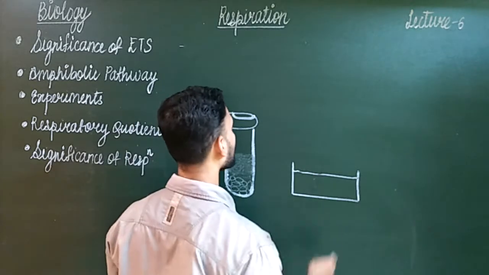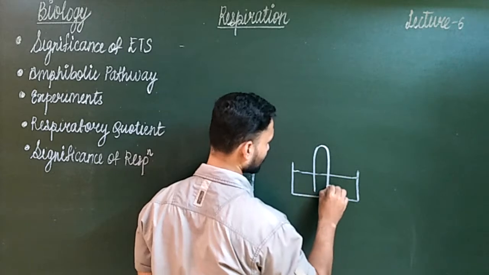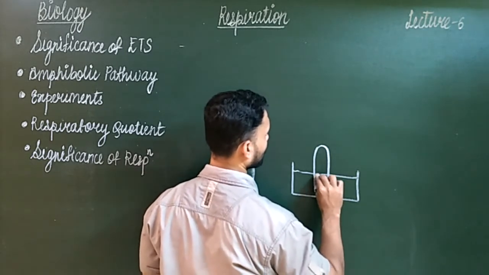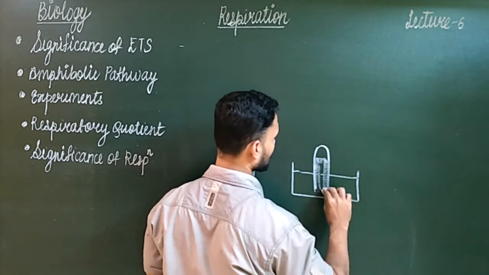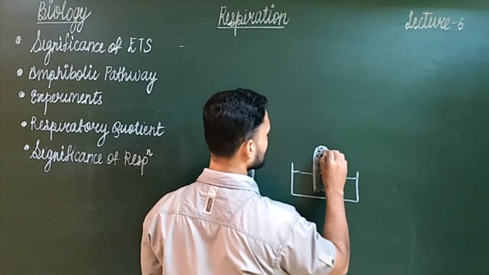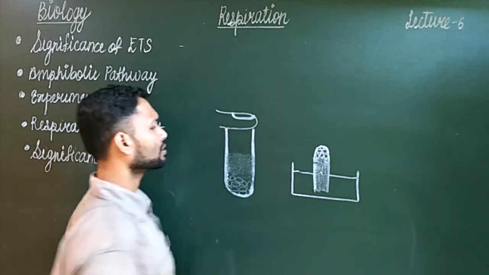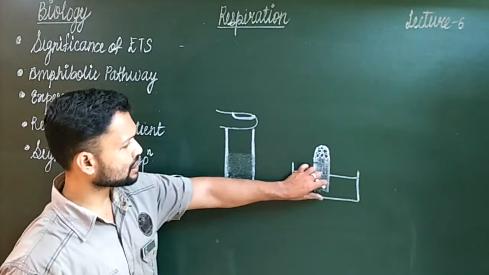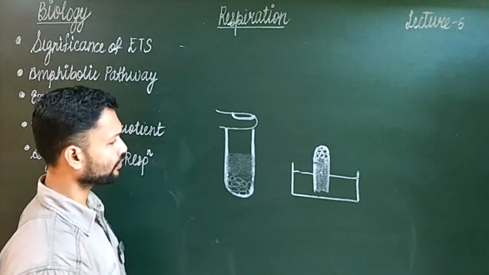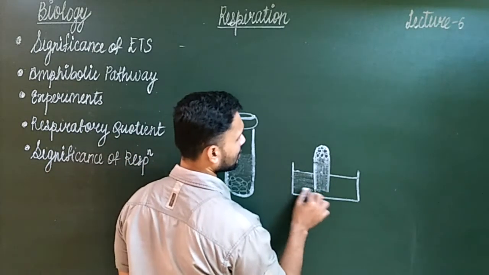This means we will put this test tube inside such that the mercury fills the entire test tube, and what we are left with here is the seeds. Now you can lift it a little bit over here, so we'll leave this inside the tub.